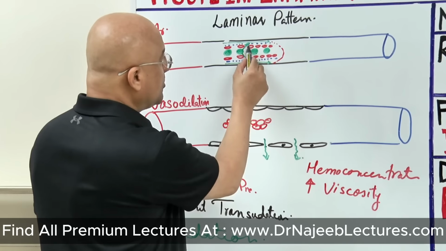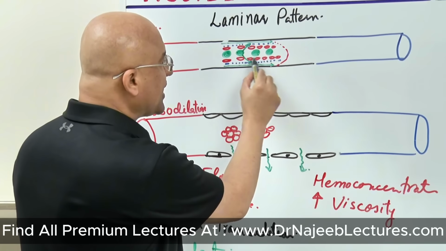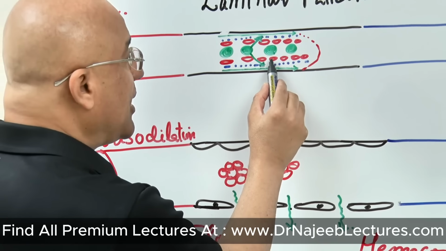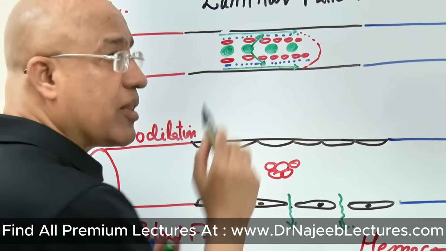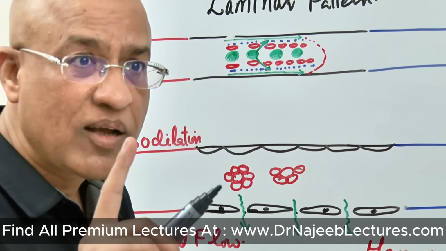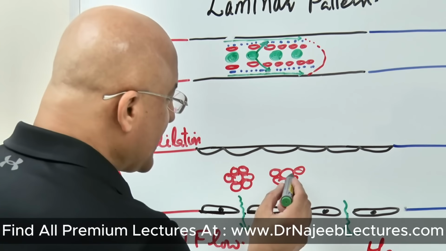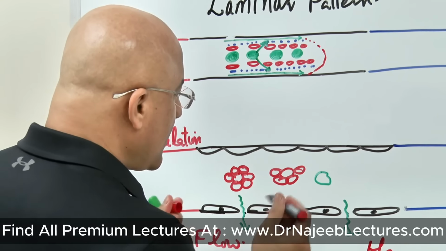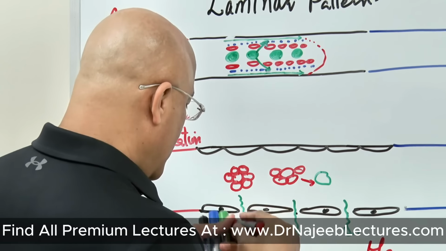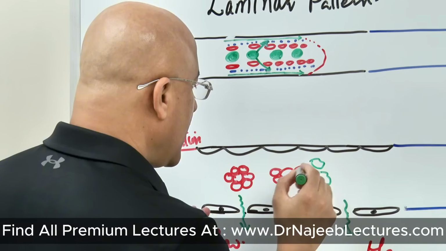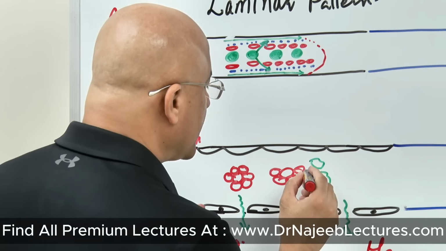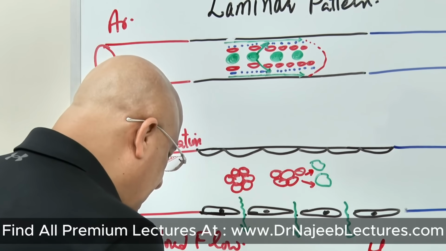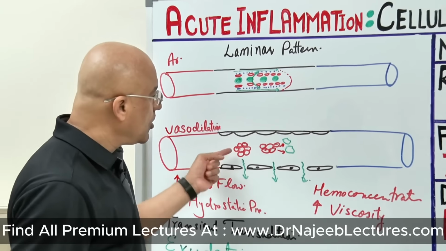These which were separate from each other make aggregates, and the aggregate of red blood cells is in size larger than individual leukocytes. So what happens? This red blood cell group will kick on the neutrophils or on the leukocytes, and these leukocytes will be pushed away from the central axial flow.